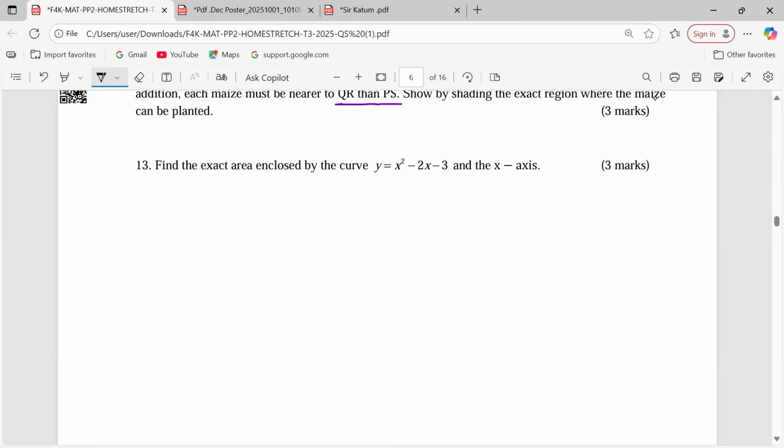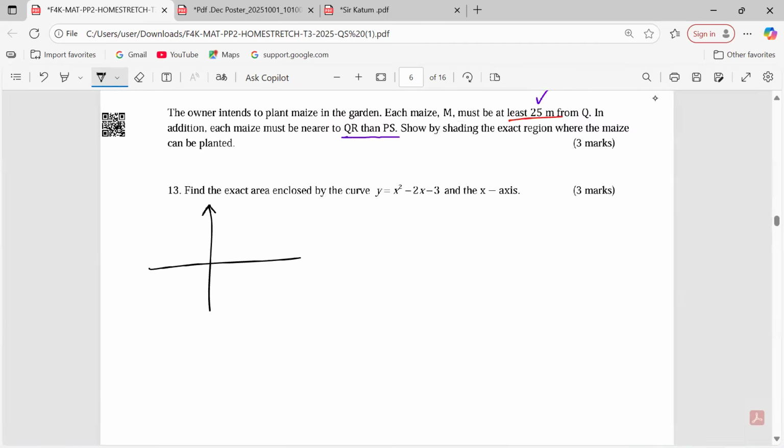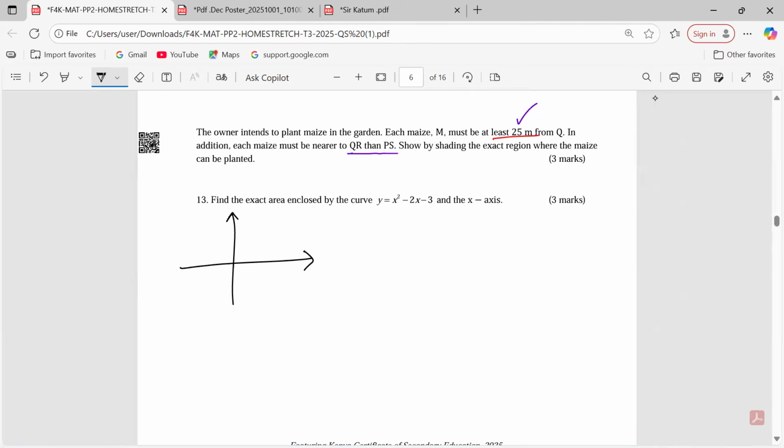When a curve is drawn, it usually cuts the x-axis at some points. And we know very well that the points where the curve is cutting the x-axis become the solution of the particular equation.